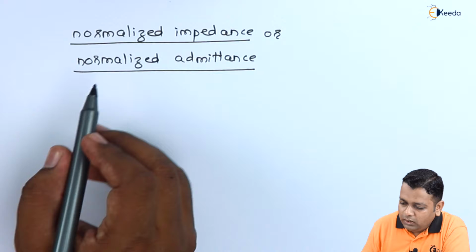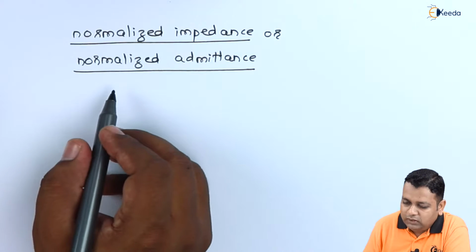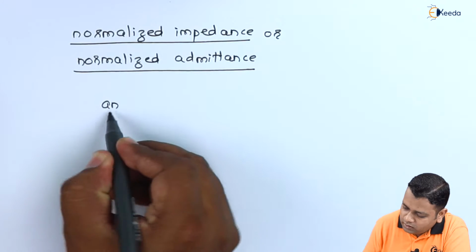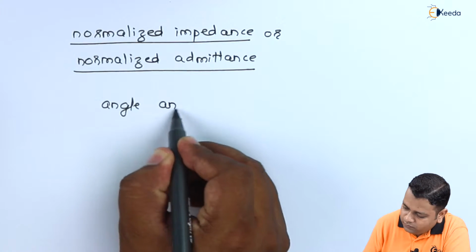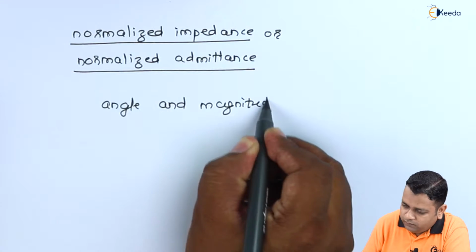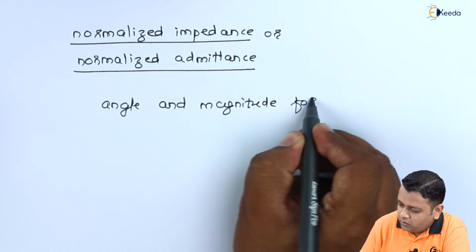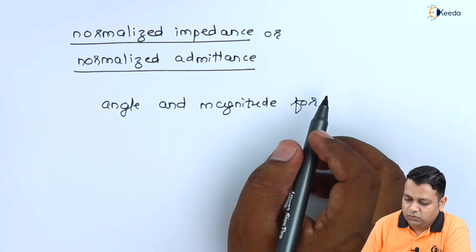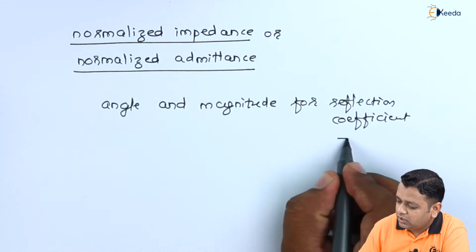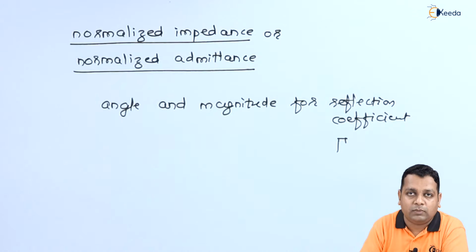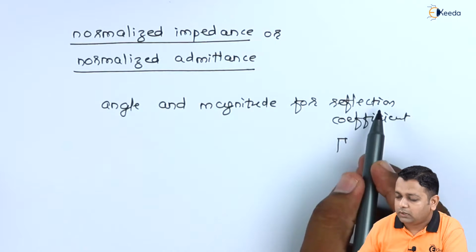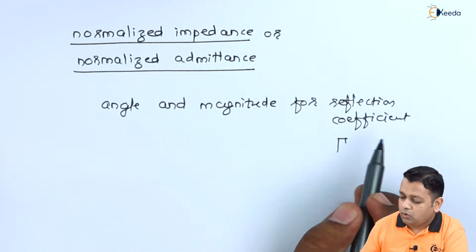Further, the chart has information in the form of angle and magnitude for the reflection coefficient. We know that the reflection coefficient is denoted with the capital gamma sign. Most of the time we find the values of the reflection coefficient in the complex domain.